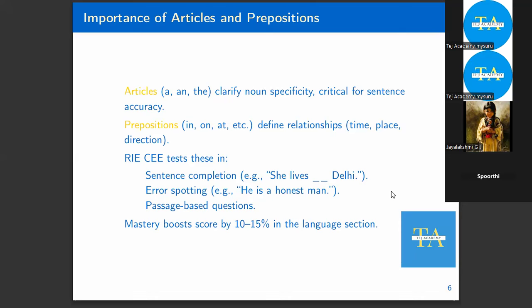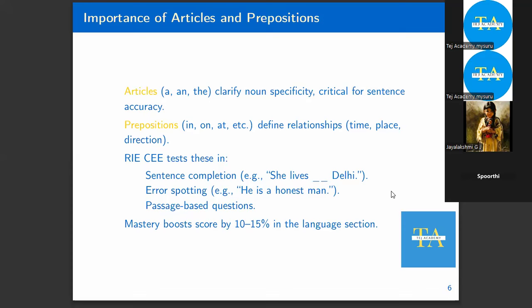Without articles, it is not possible to comprehend or make the sentence sound accurate. Then we have prepositions, like in, on, at. They define relationships like time, place, and direction, between noun and verb and between objects.